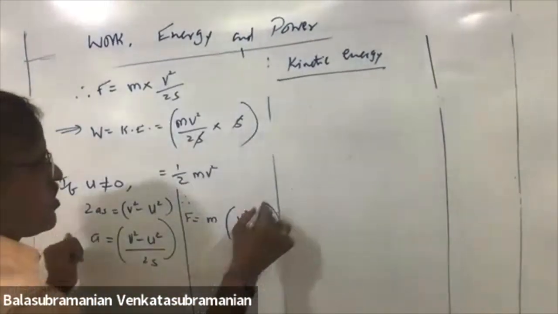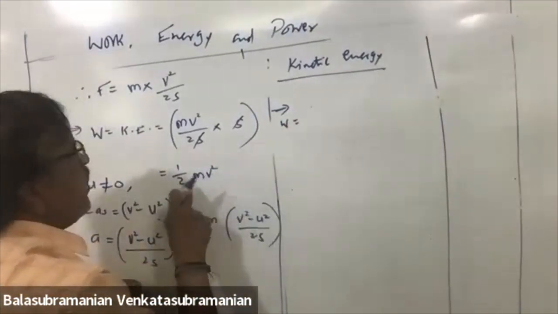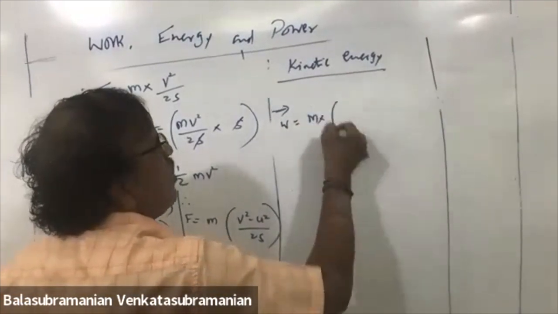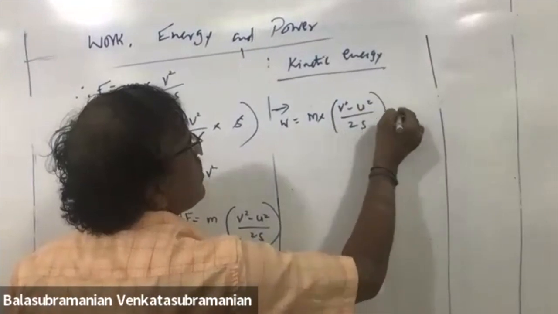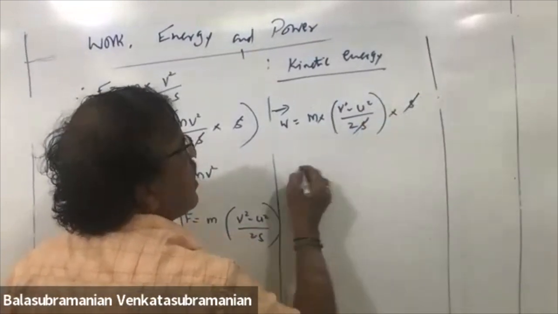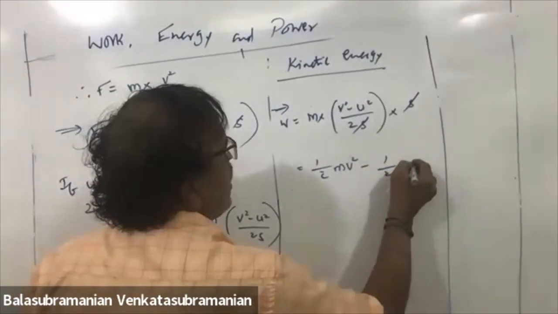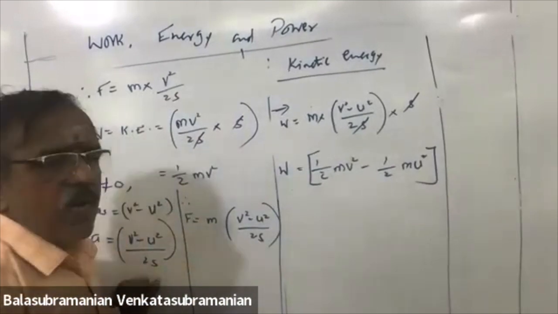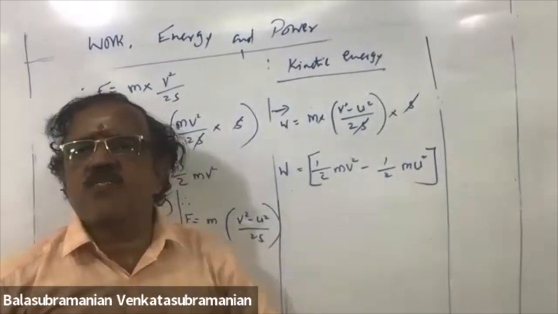Then you can write work done is F into s. What is F? m into V square minus U square by 2s into s. Cancel. Half m V square minus half m U square. V is the final velocity and U is the initial velocity.